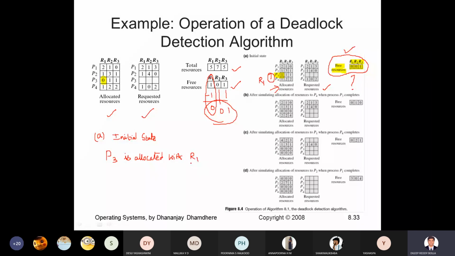So if you have 0 here, this was replaced by 1. Okay, P3 is allocated with resource R1. What happens if we allocate with R1? So we need to subtract this number from free resource.